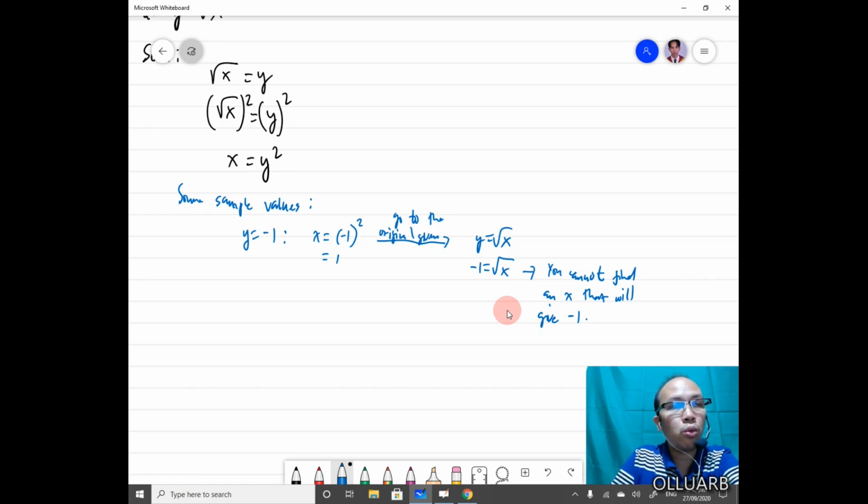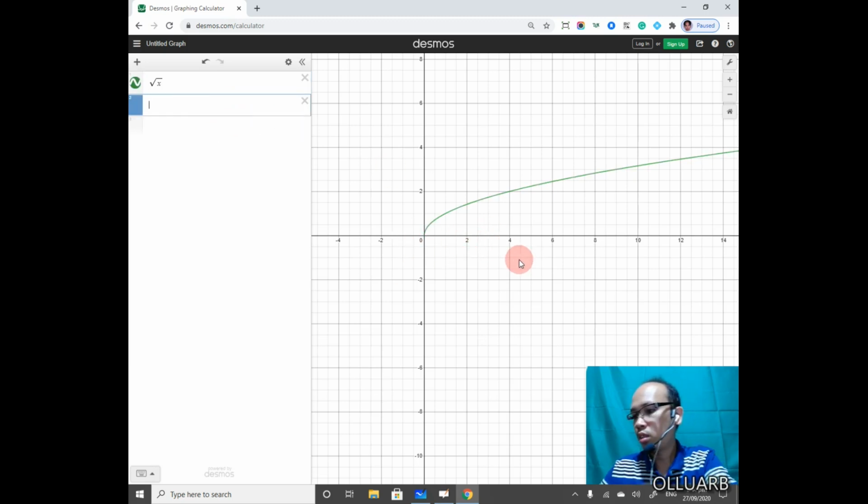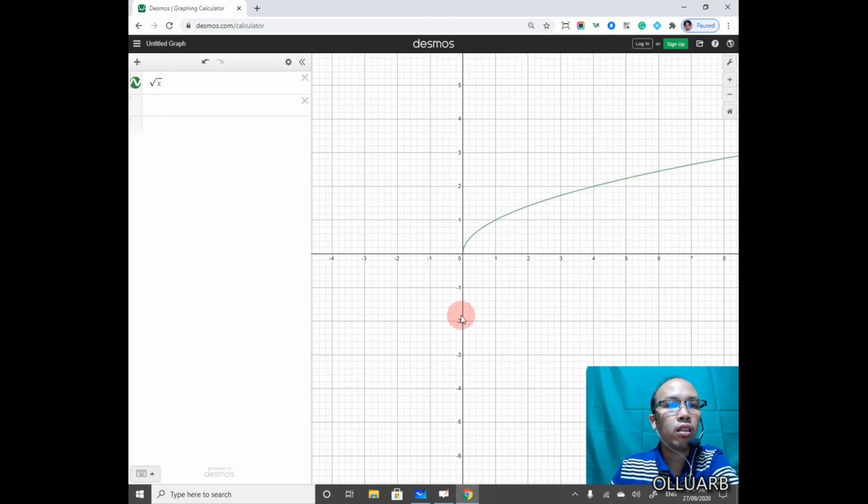So how are you going to know if your answer is correct? Notice, if you go back to the graph of this problem, we have square root of x. If you look at the graph, you will see that the range will start from 0, as you can see here, from 0 to positive infinity.